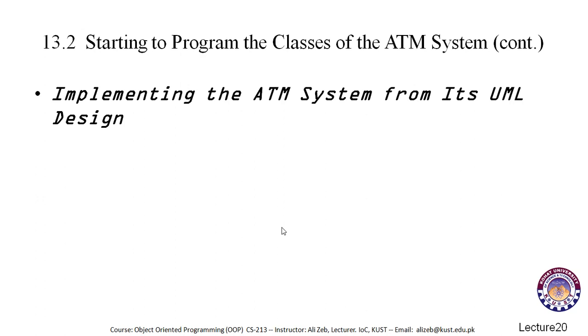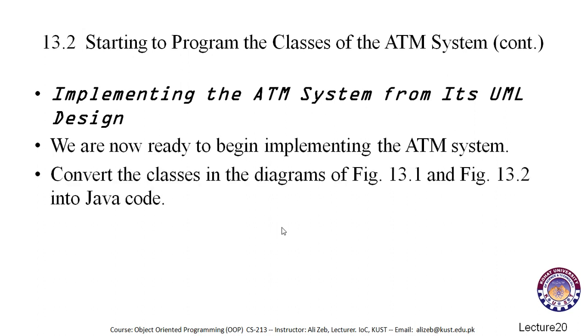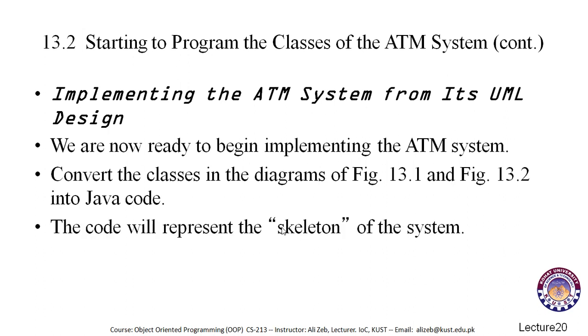Implementing the ATM system from its UML design, we are now ready to begin implementing the ATM system. Convert the classes in the diagrams of figures 13.1 or 13.2 into Java code. So in this next stage, we will be converting our diagrams into Java code.